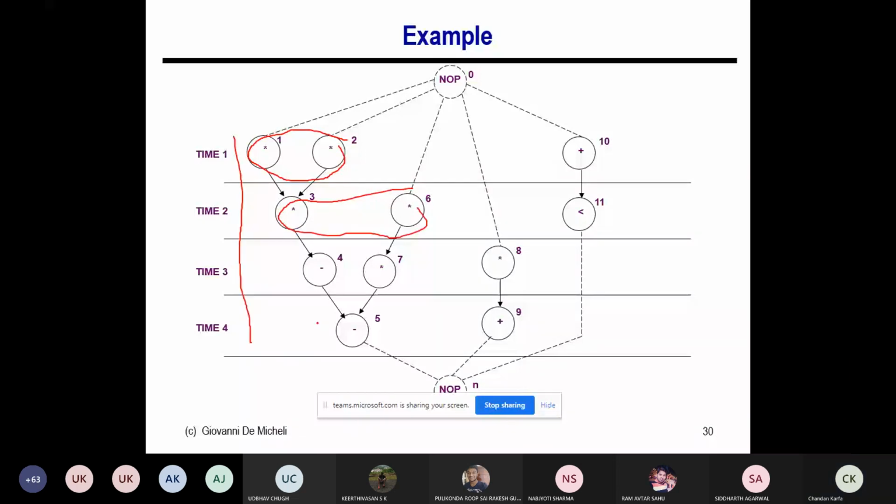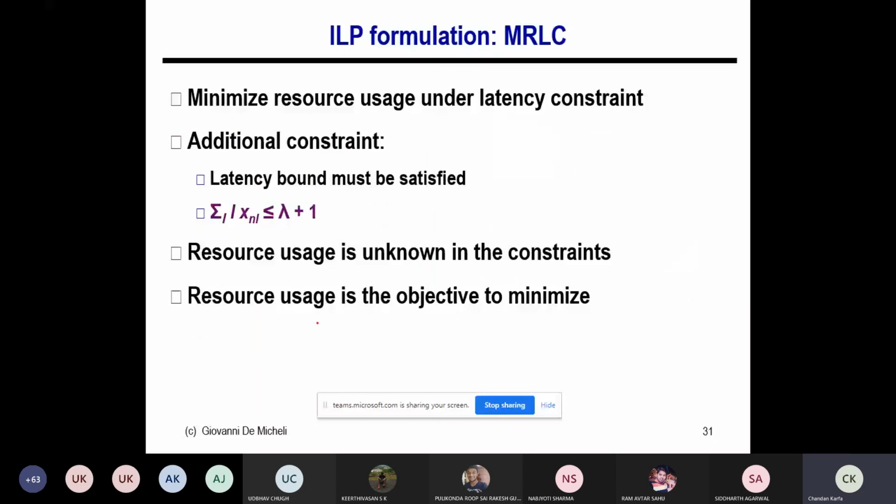Okay. So now I'm going to talk about the ILP formulation for the dual problem. What is MRLC? That means my lambda is given now. I cannot change that now. So now all the confusion is gone. I want to get a schedule within 4 time steps which utilizes the minimum number of resources.